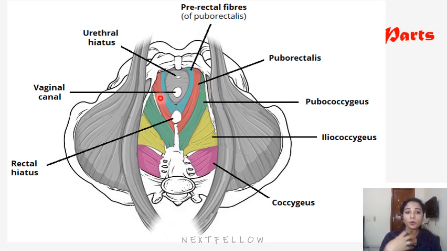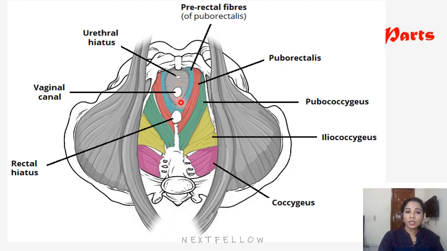Like puboprostaticus is the muscle which surrounds the prostate gland, and pubourethralis which surrounds the urethra. This is a female pelvis, so we are seeing the vaginal opening. But if it is a male pelvis, the muscle inserts around the prostatic part of the urethra, so it is called puboprostaticus.